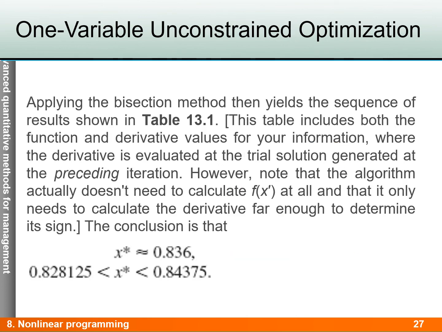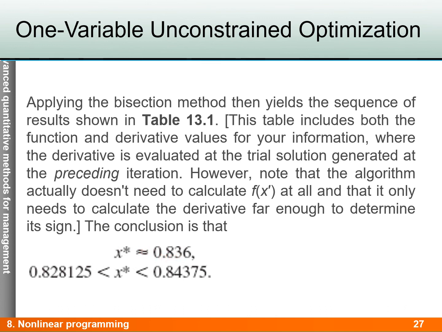In our next slide, table 13.1, we review the different iterations of the bisection method that will help us to find this optimal solution, that is 0.836.